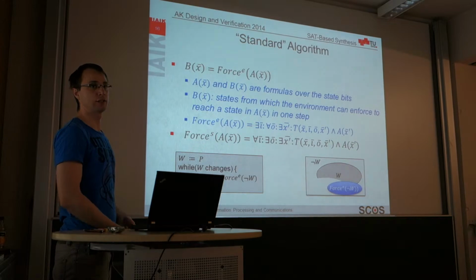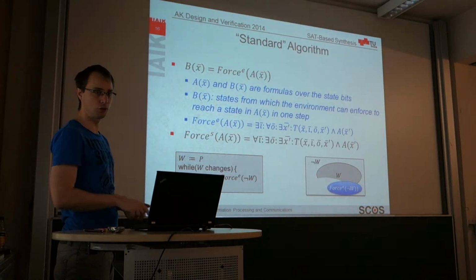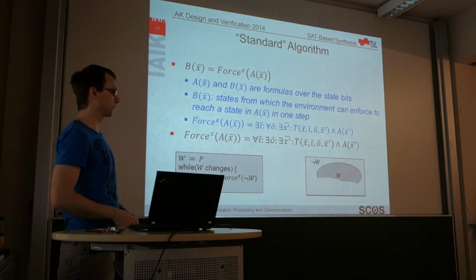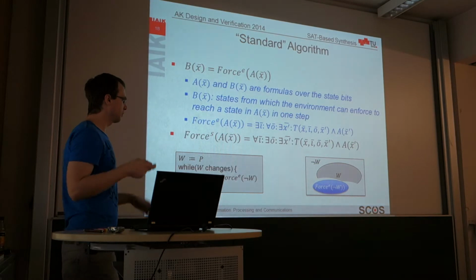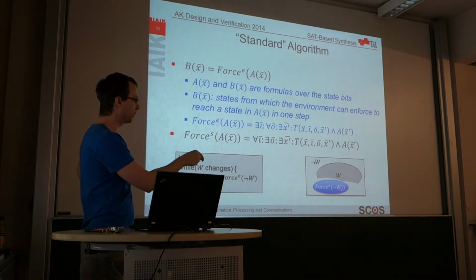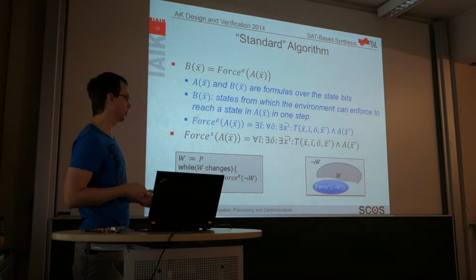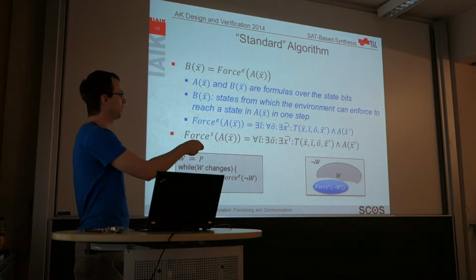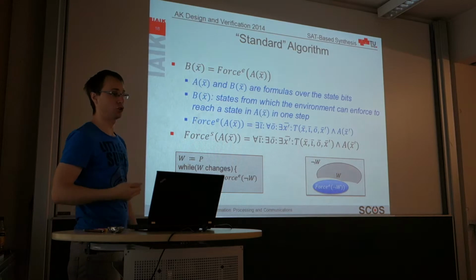Again, we compute the set of all states from which the evil environment can enforce to leave the winning region, then we remove this set of states, and so on. At some point, we will end up in a situation where removing this blue area from the gray area does not change W anymore. This means that we can basically stop, because we could repeat this, but it would not change W anymore.